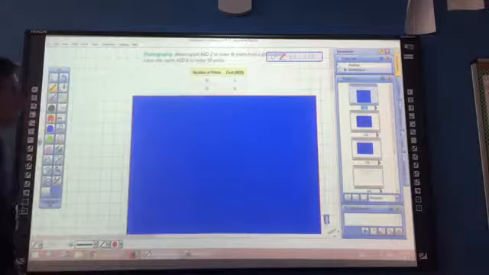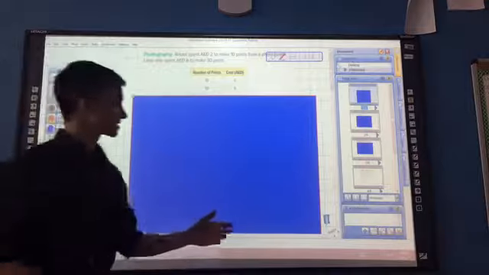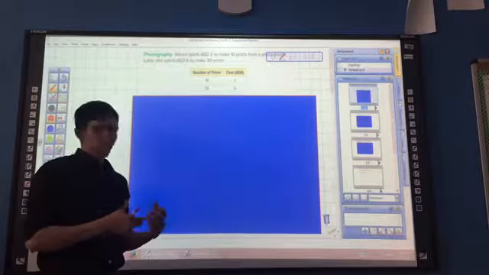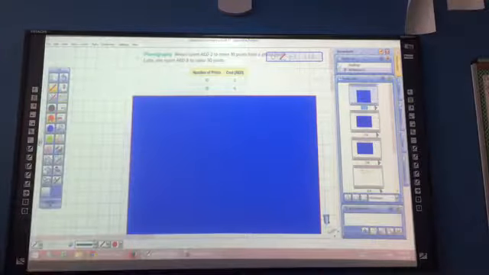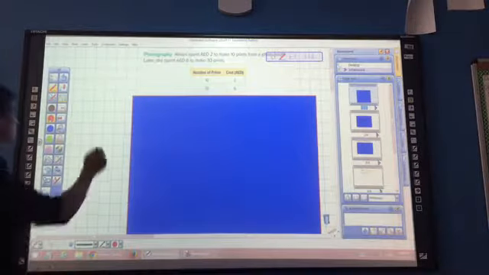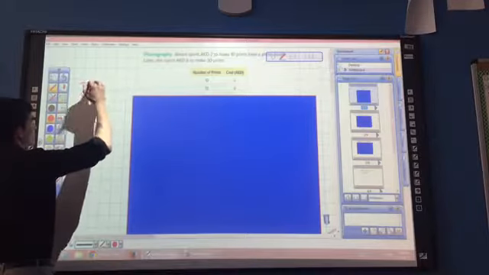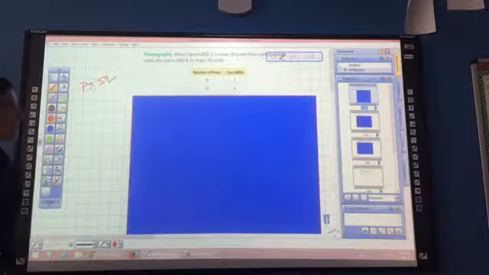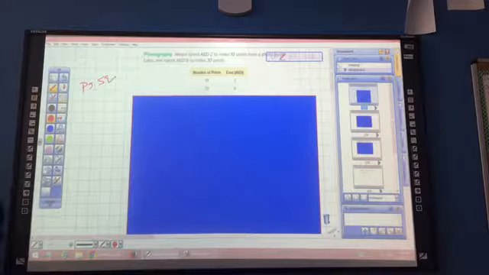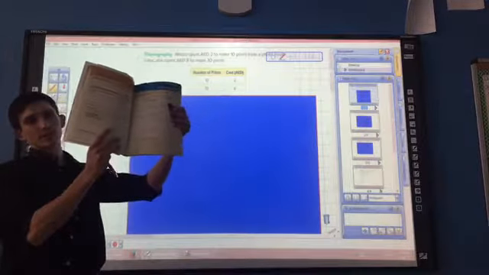But what we're really doing right now is we're just going to prove if ratios are equivalent or not. So right now I'm on page 59 from the book. If you have your book, open up to page 59 and follow me, okay?